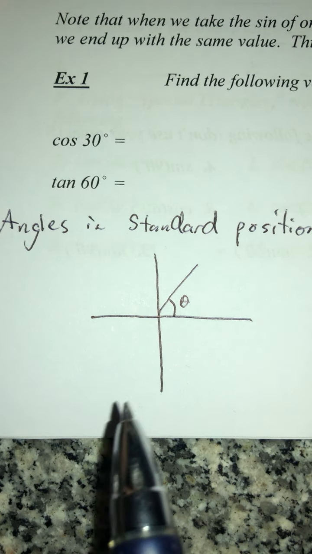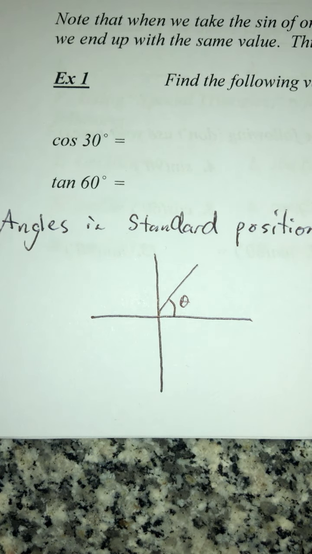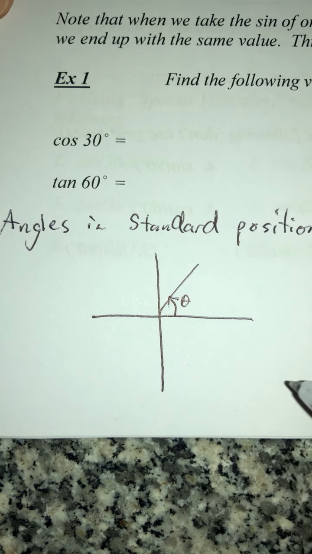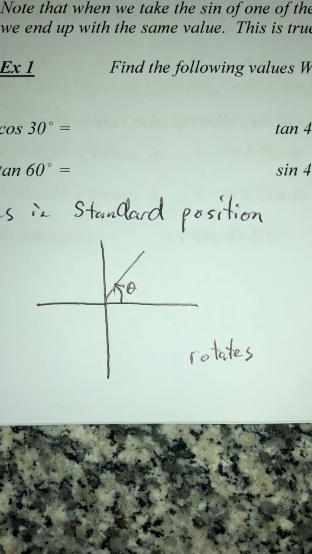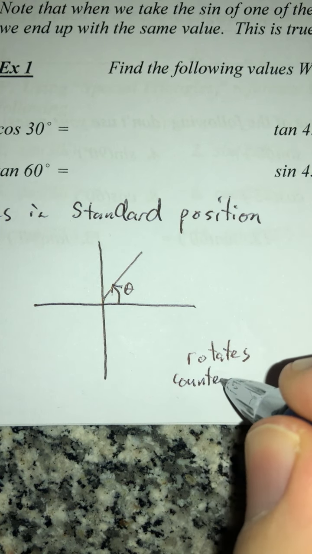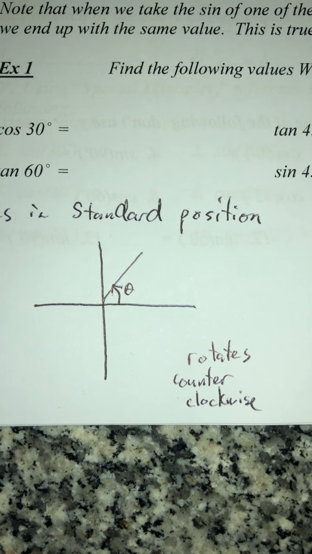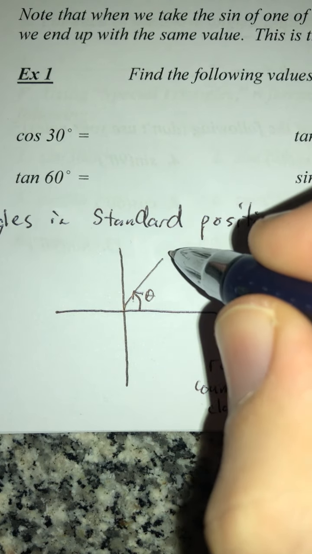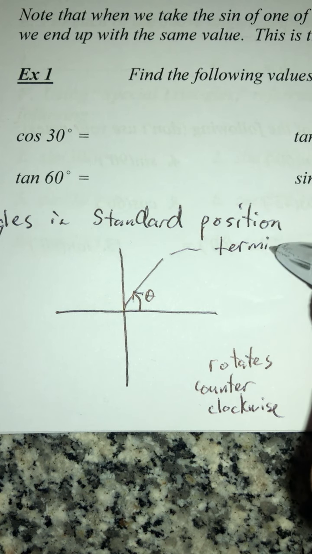My angle in standard position always starts at this point, the positive x-axis, and is going to rotate counterclockwise. So going the opposite way of a clock. This is what's referred to as the terminal arm.